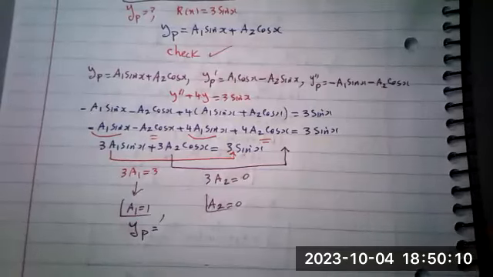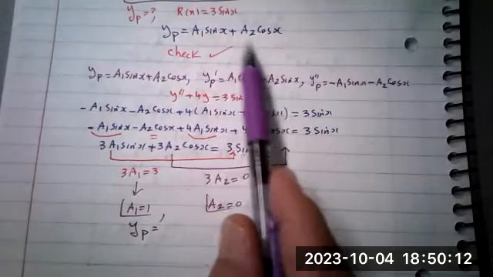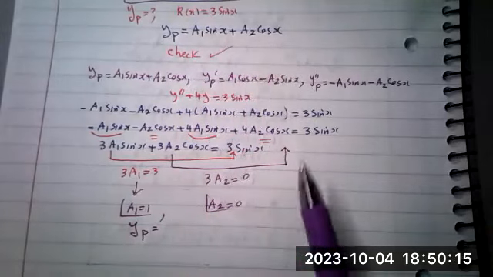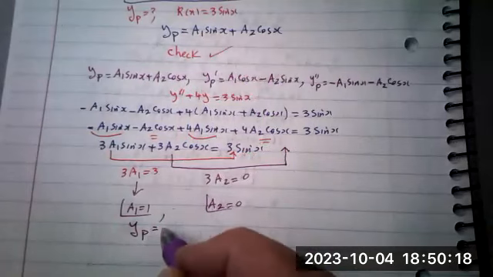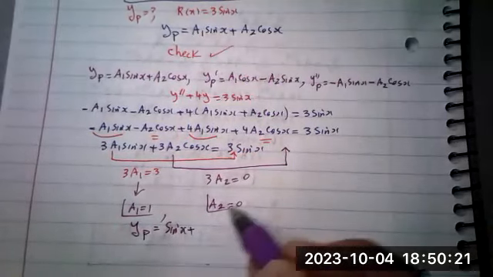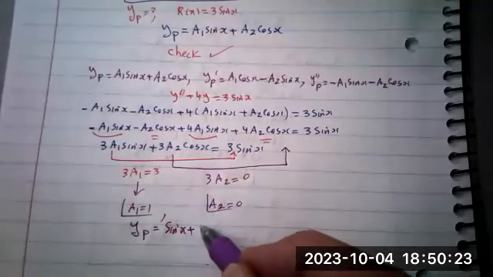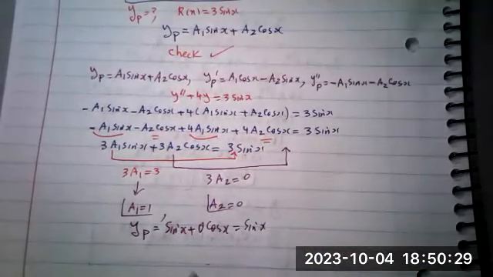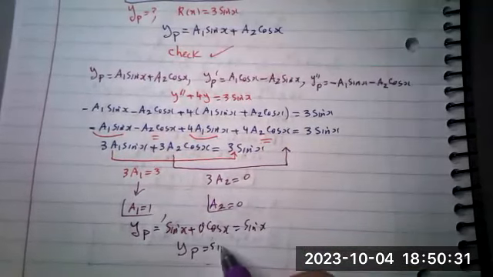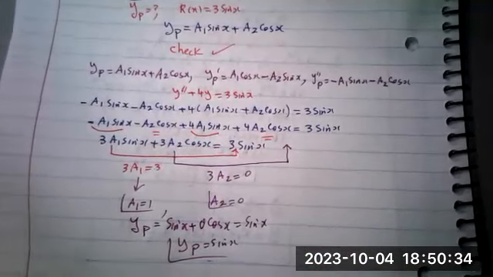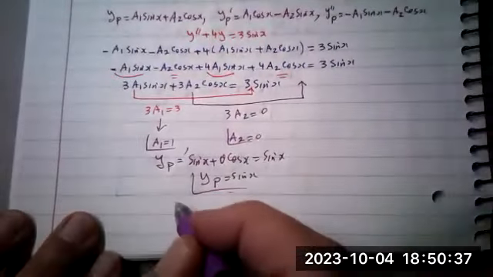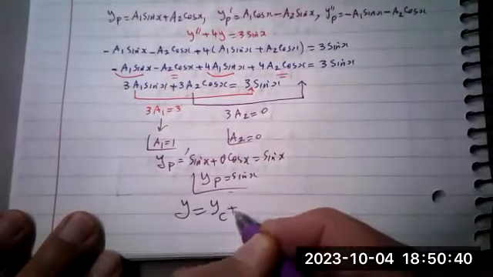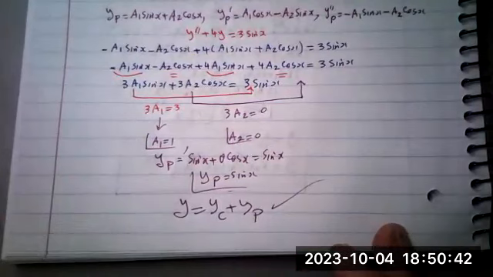So we are going to substitute these into the yp, so it would be A1 sine plus A2 is 0, plus 0 cosine, which is going to be sine x. So the yp is simply sine x. So that's it. The general solution of the equation, of course, is yc plus yp, and then you're done. We didn't get the duplication one, but you're going to get it in part C.